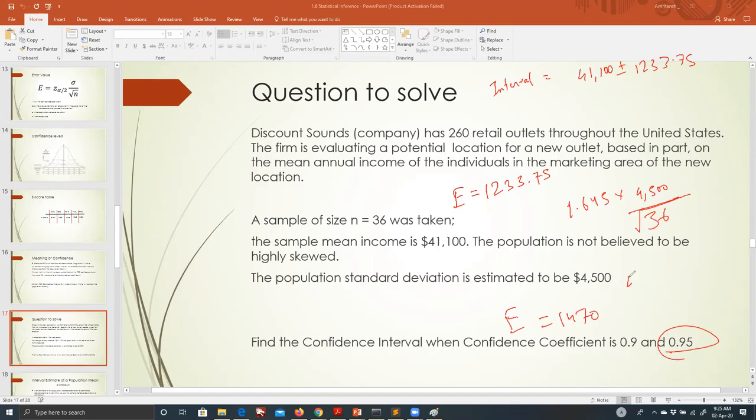So again, interval estimate will be 41,100 plus minus 1470.